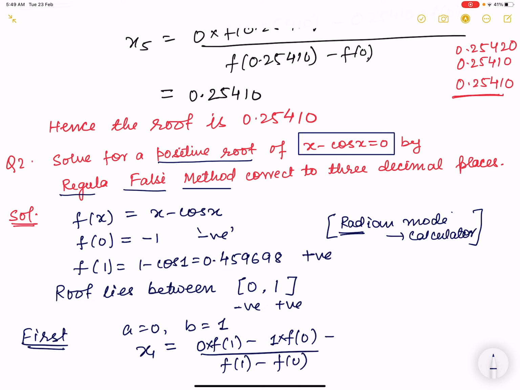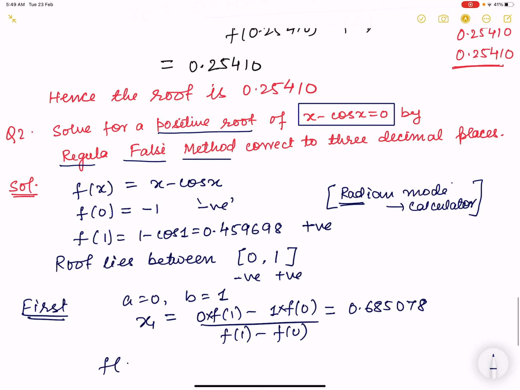Put the values, students, and you will get the answer as 0.685078. Find the value of the function at 0.685078, and this value is coming out to be negative, that is minus 0.089292.